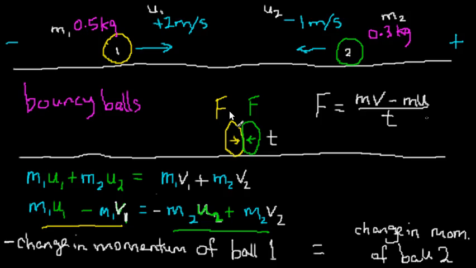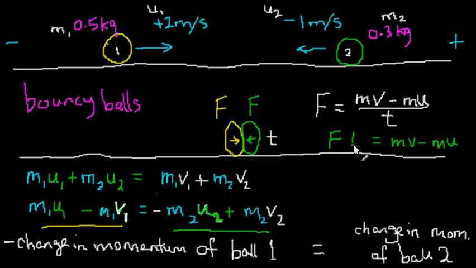Now let me rewrite this to make the change in momentum part more explicit. So mv minus mu. I'll multiply both sides by t, so that t comes over to the left.